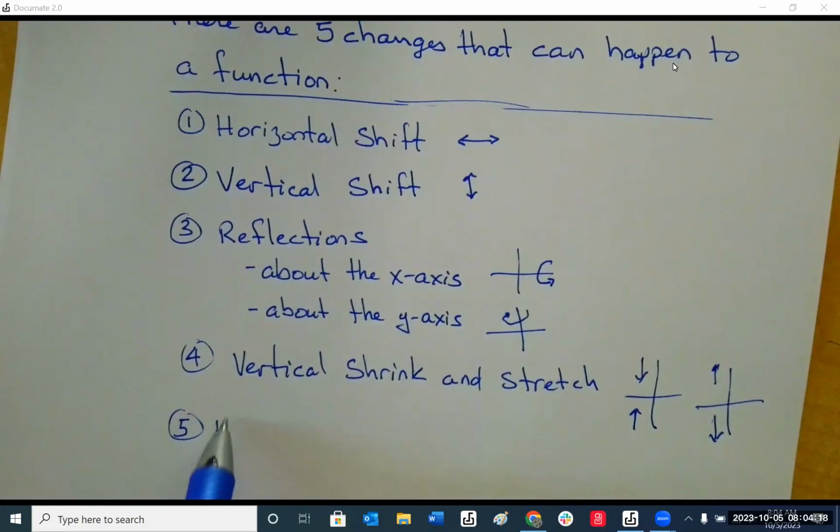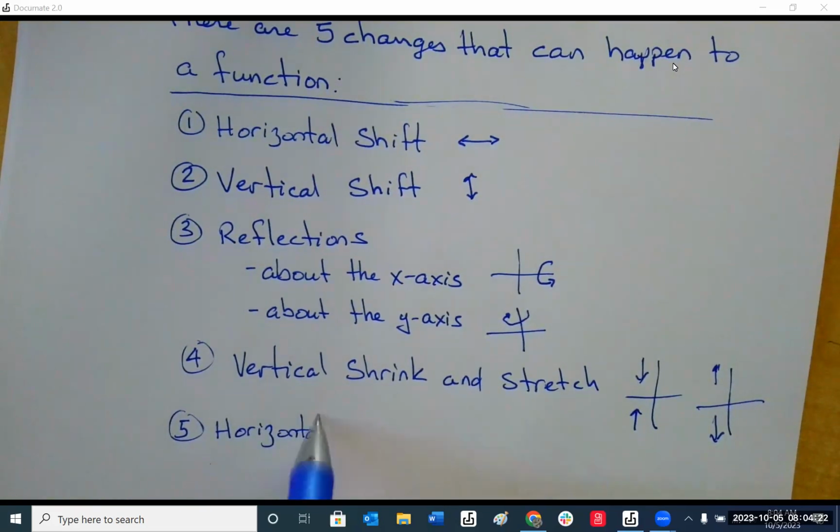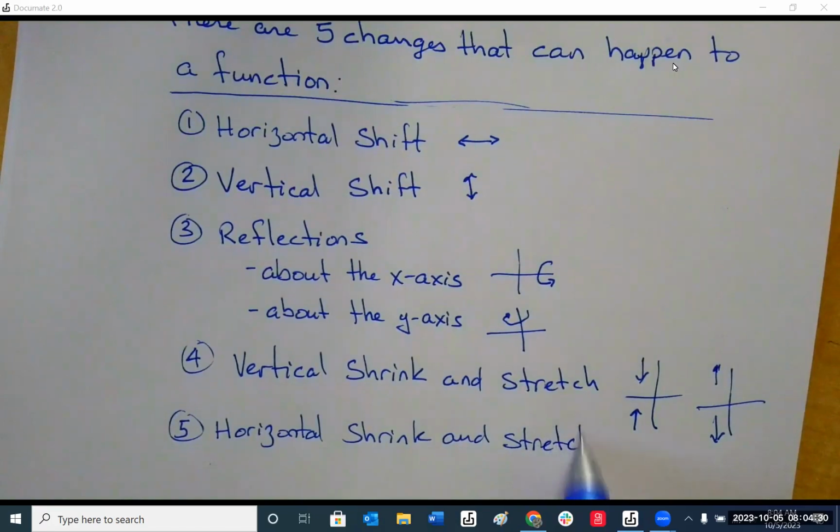And then lastly, we'll do the horizontal shrink and stretch. It'll push the function that way, or we'll pull it that way.